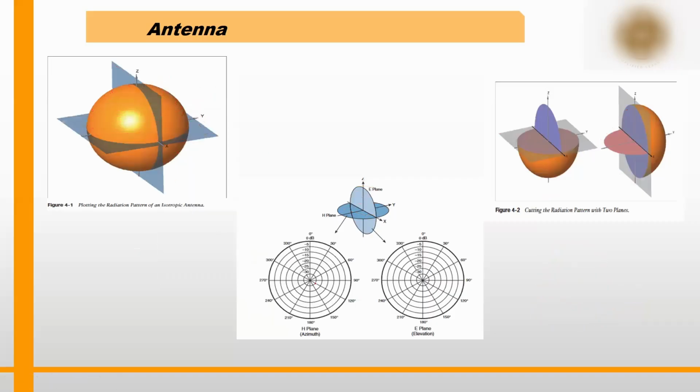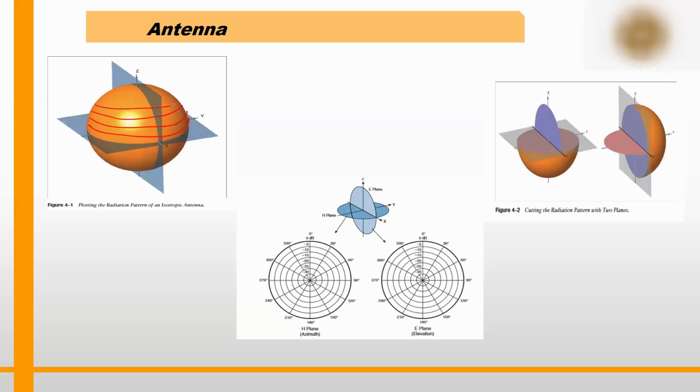See, when you're looking from above, H is what? From the top view. When you're looking from above, you make this as one ring. This is another ring. This is one more ring.